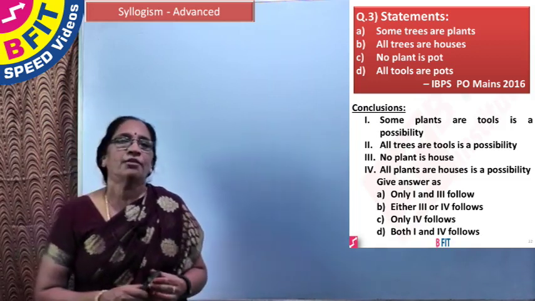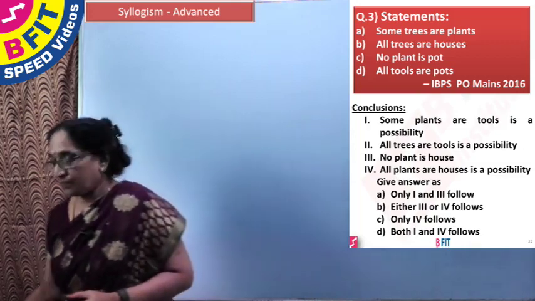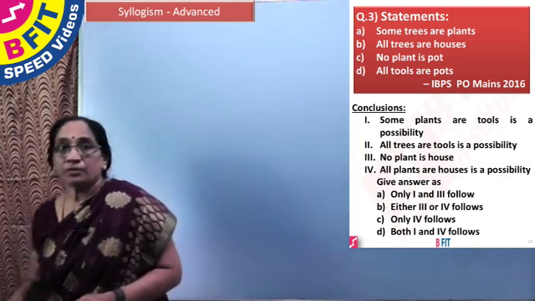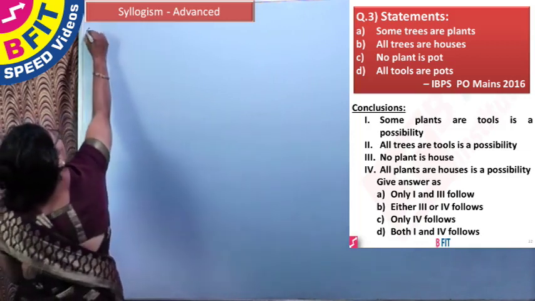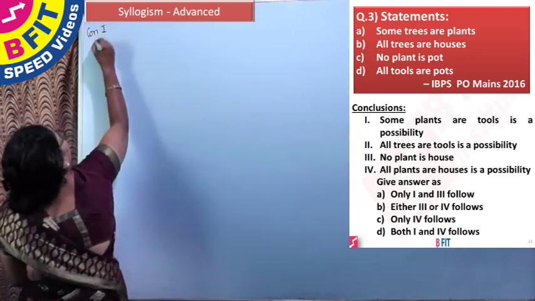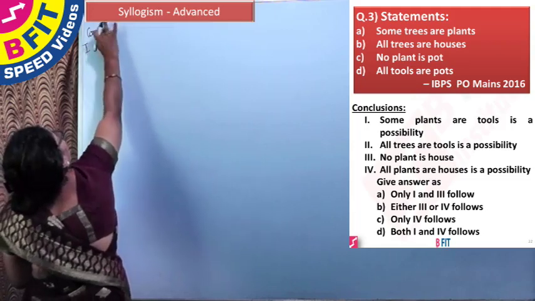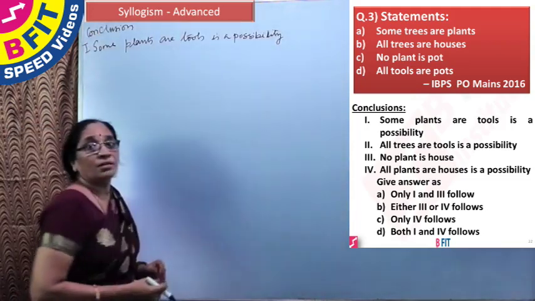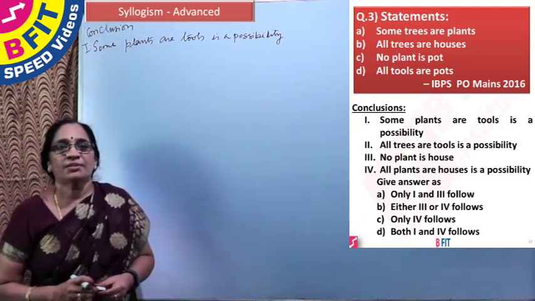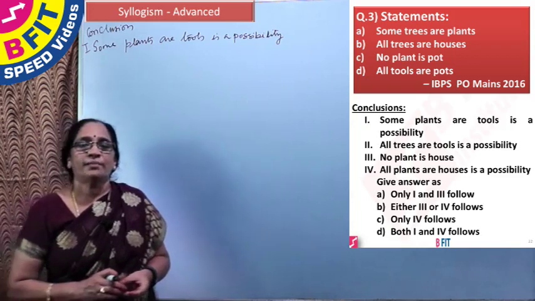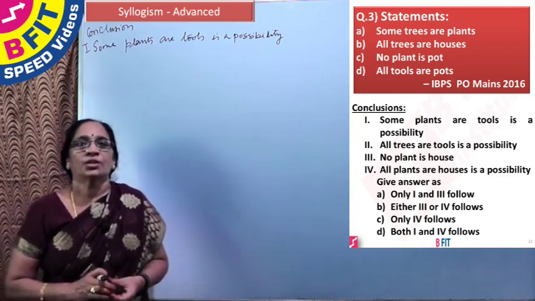Now let us check every conclusion, each and every conclusion one by one. The first conclusion is some plants or tools is a possibility. We'll have to take those statements with the subject plants and tools in the conclusion.